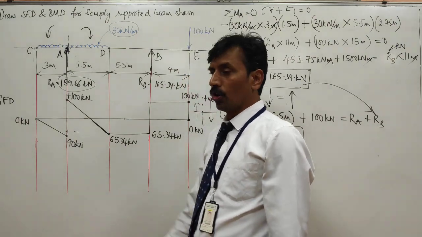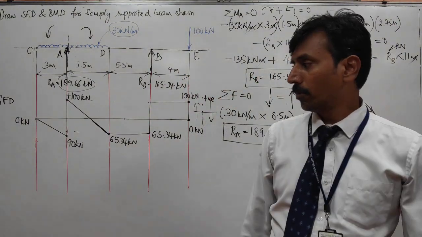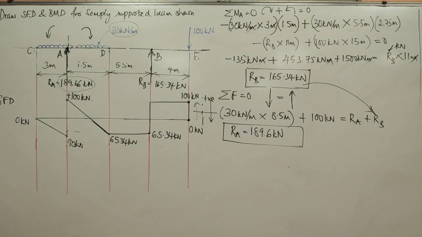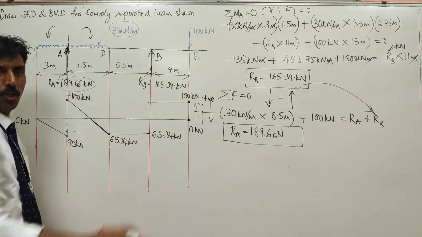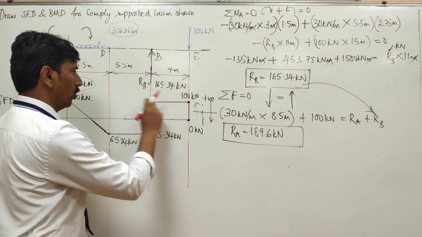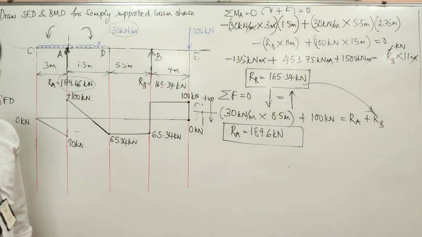So this is how you draw the shear force diagram. Once you have drawn this, you try to shade it so that you understand what is above the zero line and below the zero line. Since you are making this in a ruled book, whether the zero line is here or here, it will be confusing.